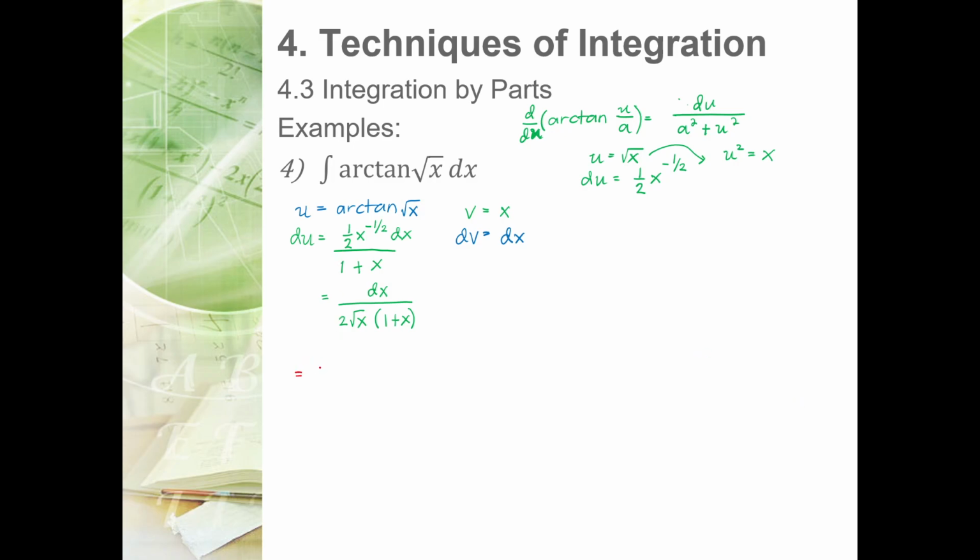Okay, formula: uv minus the integral of v du. Again, I hope you got the derivative part. I think you can, because you have reached Calculus 2, diba? So you know how to derive your equations.